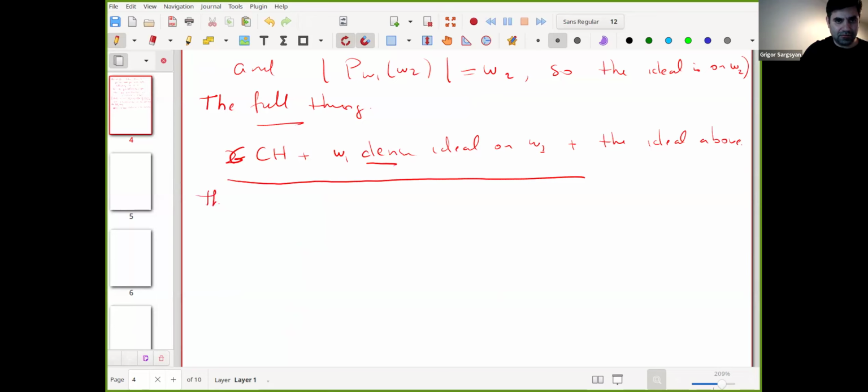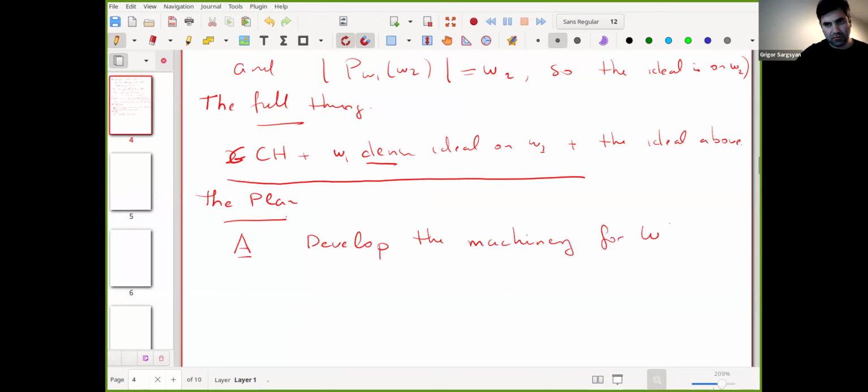The plan, and I'm not sure how realistic it is, but first, the big step A is to develop all the machinery for Woodin's theorem, and then B, extend it to naive models.